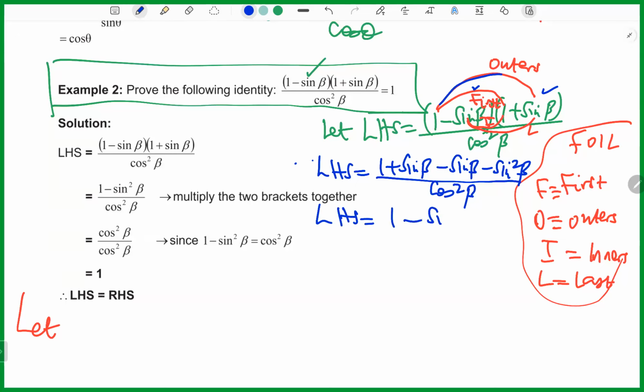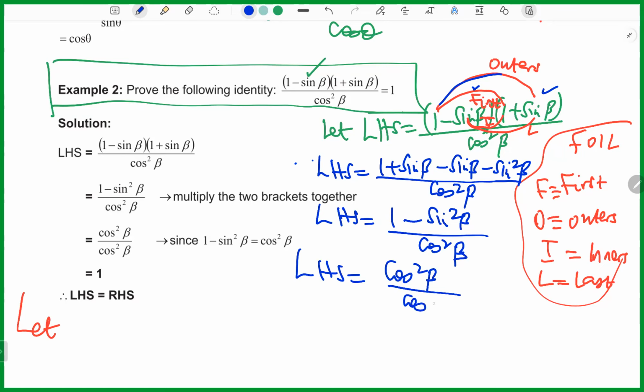So 1 minus sine squared beta. What is 1 minus sine squared beta? It is cosine squared beta. And therefore, cosine squared over cosine squared is what? Is 1. So the left is equal to the right.